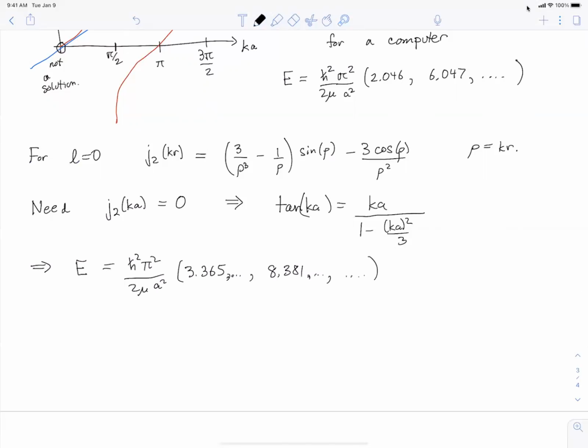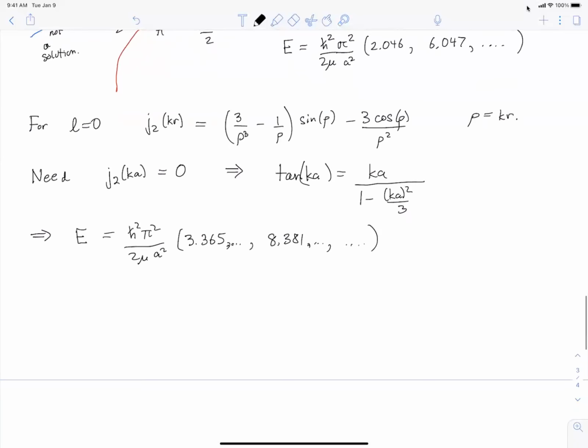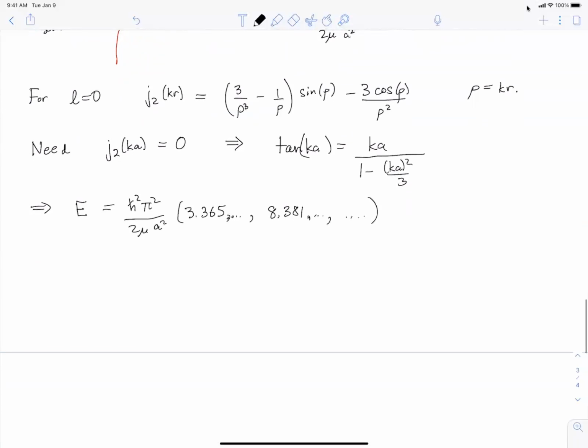There's an infinite number of different intersections. Okay, and so now one can graph all these different energy levels as a function of the possible values of L. And so let's do that. So this is the energy in units of h bar squared pi squared over 2 mu a squared.